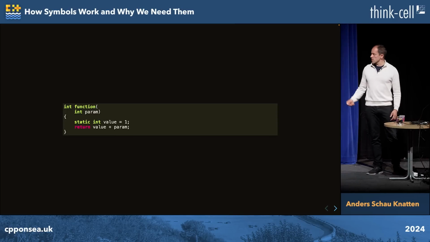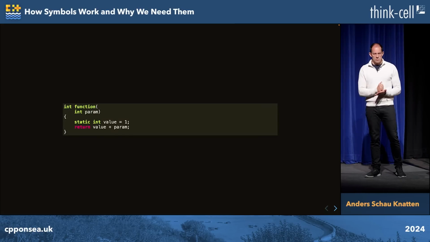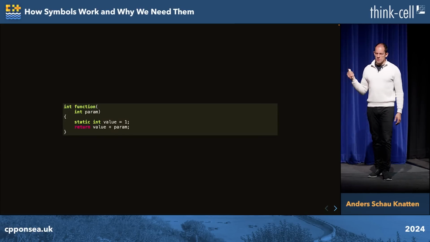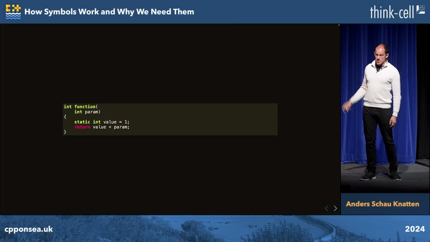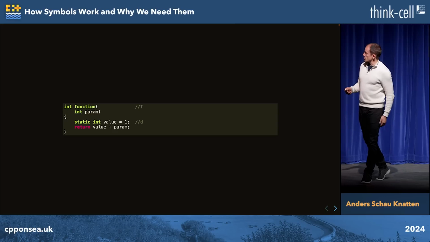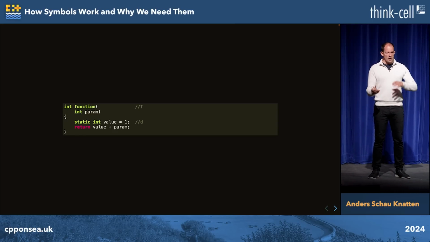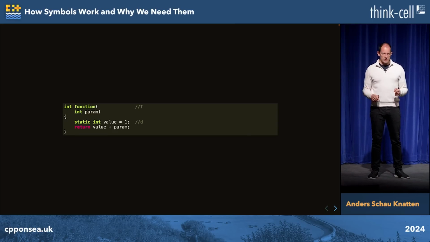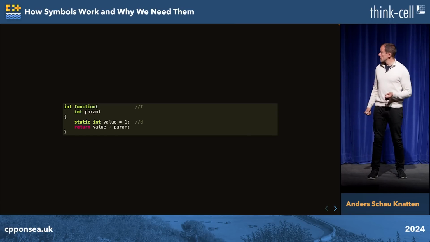What if I put static in front of the value? So now this has static storage duration. Now static means something different. It means there's only one value in my program. Lowercase d is correct because now there's only one value. Every time I call this function, I don't care about the stack. Every time it's the same value. If I increment it one time, that value should still be incremented the next time I call this function.